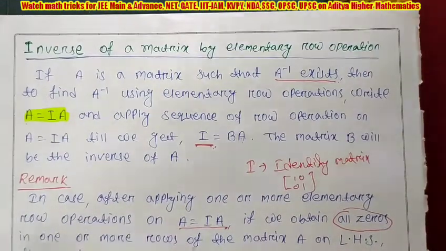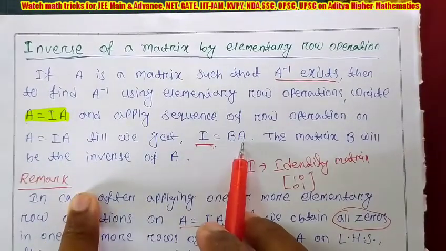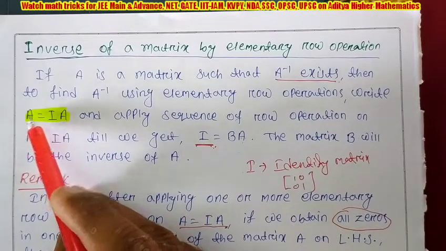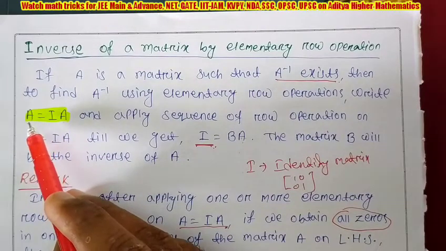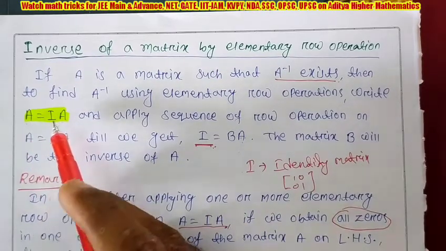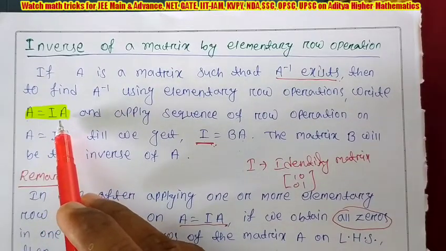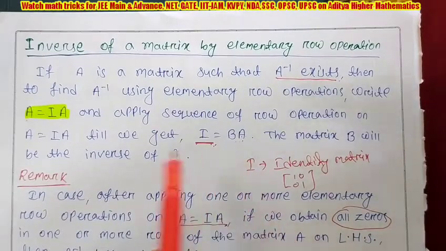Then we have to use some elementary row operations on this equation till we get I equal to BA. That means when we apply elementary row operations, the left side and right side matrices will change. Note that on the left side you apply it to matrix A, but on the right side you apply it only to matrix I, not the A matrix. You observe that the first A and the last A are the same, but which is changing?